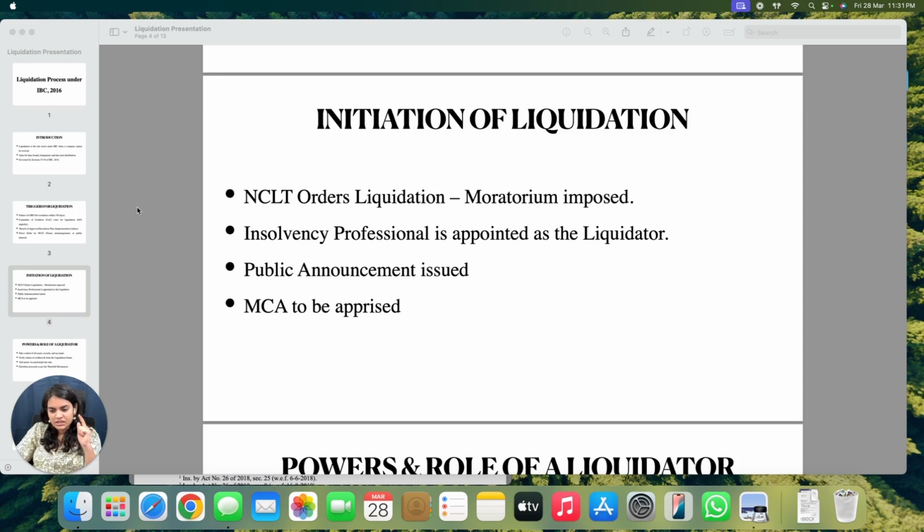This process is done even in the CIRP process. So if it's a company, a compliance form called INC 28 is submitted to MCA, and if you look at any corporate debtor's profile in the basic details, it shows that the company is either under CIRP or under liquidation.